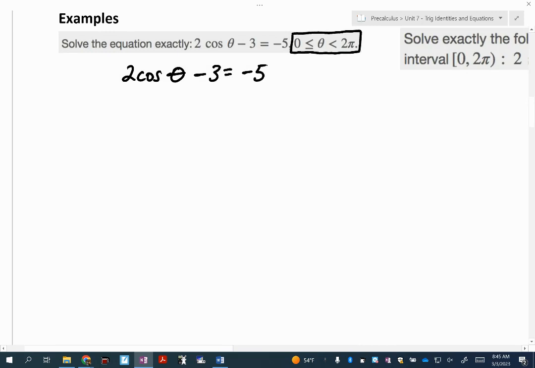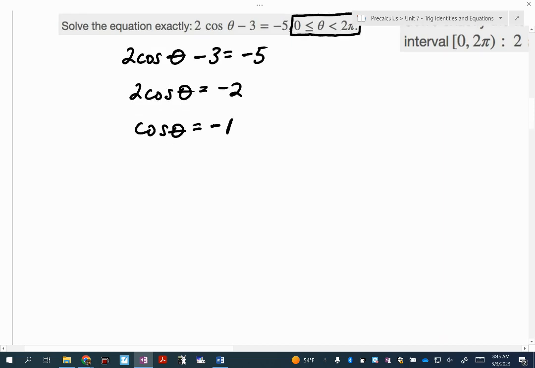Move over the minus 3 by adding 3, so negative 5 plus 3 is negative 2. Move over the 2 that's in front of the cosine by dividing by 2. Negative 2 divided by 2 is going to be negative 1. So now if I do cosine to the negative first power of negative 1, this is going to give me my theta.